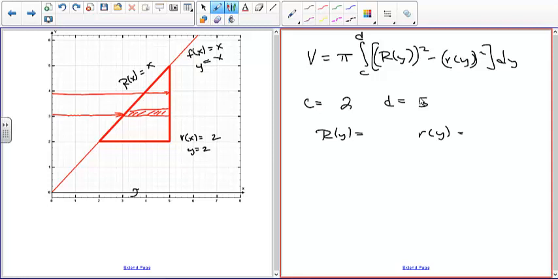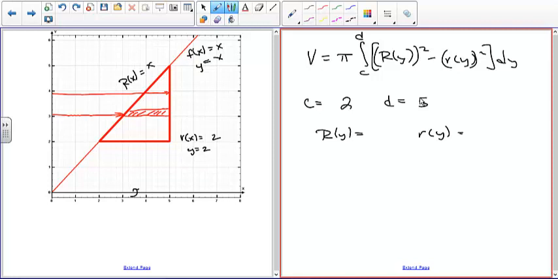So which one of those two lines is longer than the other? The top one or the bottom one? Yep. Okay. And what is that pointing to? It's pointing to this line, right? What's the equation for that line? X equals 5, which is the same as capital R of y.